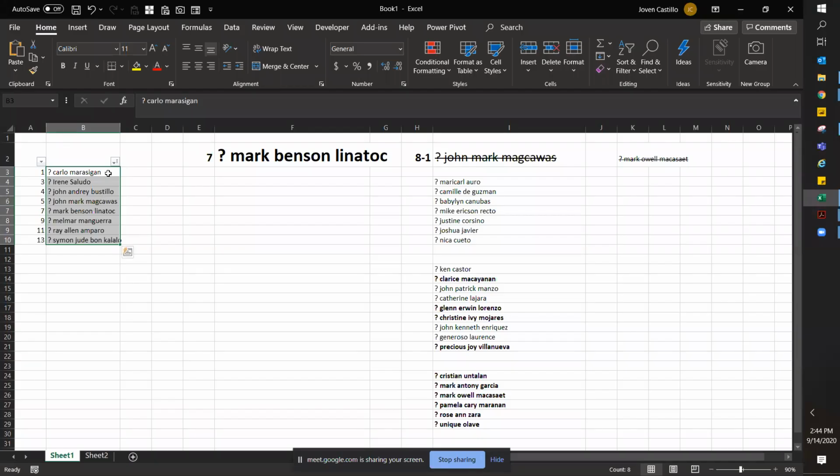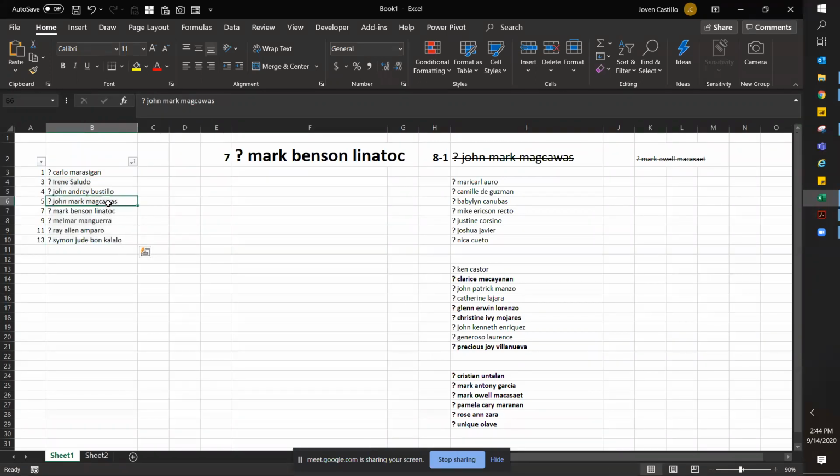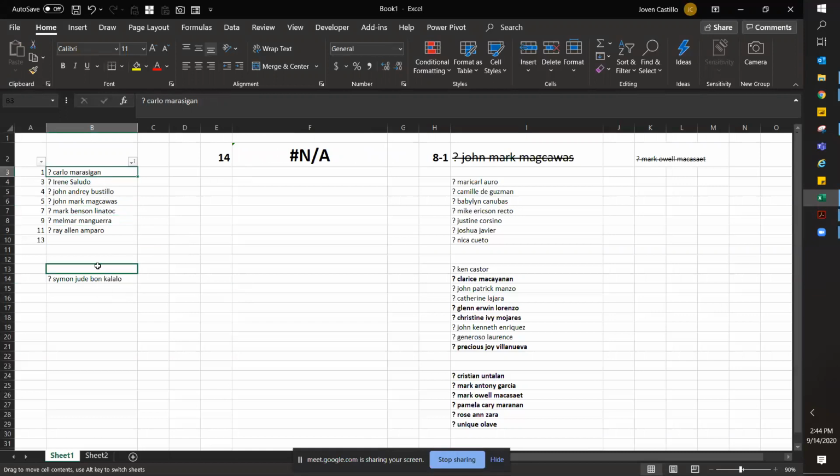So, verify ko lang, lahat ba ng ito ay members po ng group ni Ma'am Saludo? Okay, saan pong group? Ka-separate group to? Marasigan. Sino pa po? Okay, wala dito.